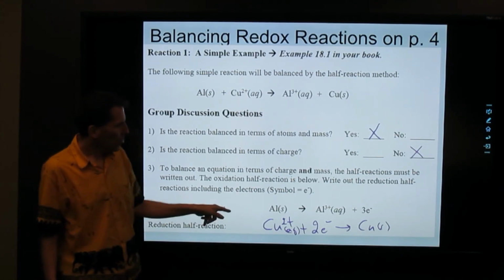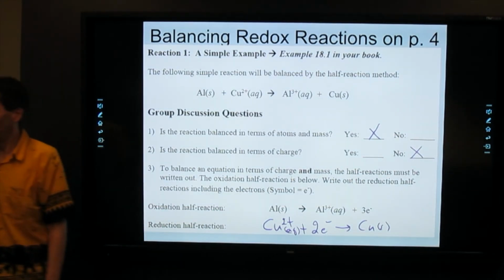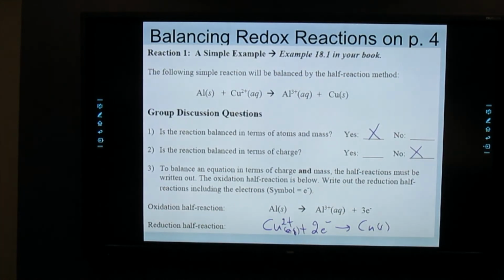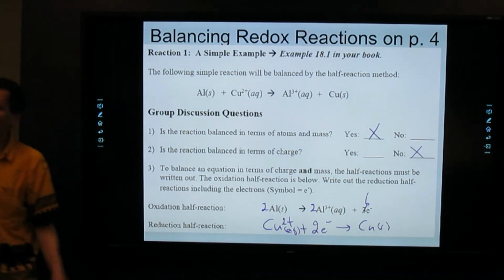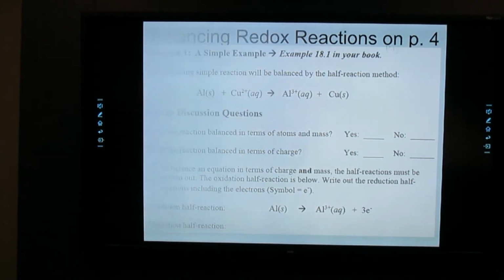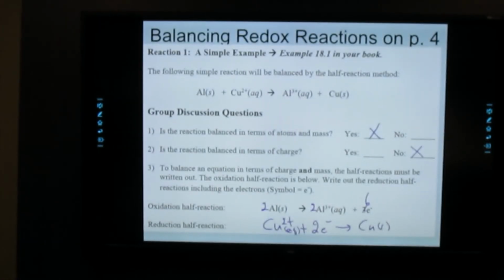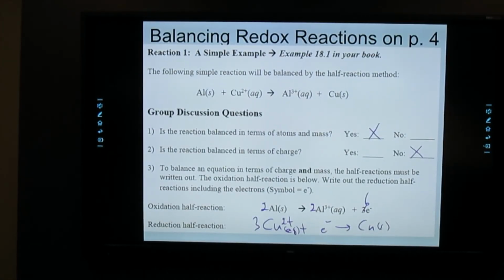And so I would multiply the top reaction by 2, double everything, 6 electrons. I multiply the bottom reaction by 3. Triple everything.